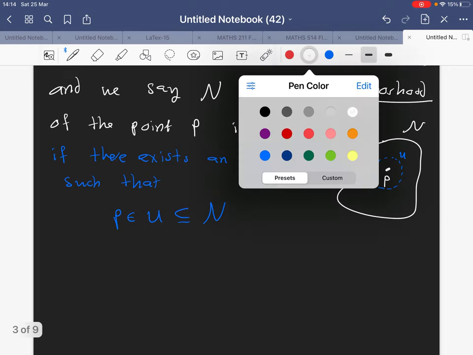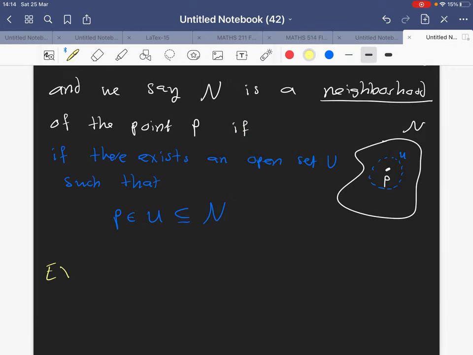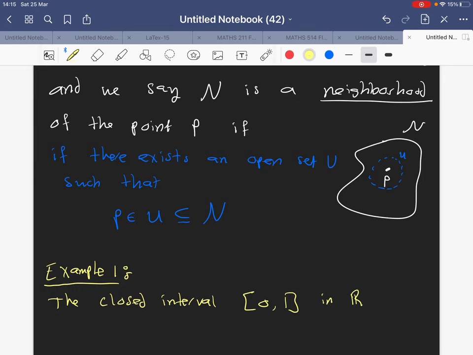Let me go ahead and let's see some examples from the famous topology that we have seen so far. So example number one, we have the following. I will take the closed interval from 0 to 1, which is a part of the real numbers and the Euclidean topology, is a neighborhood to the point half, for example.